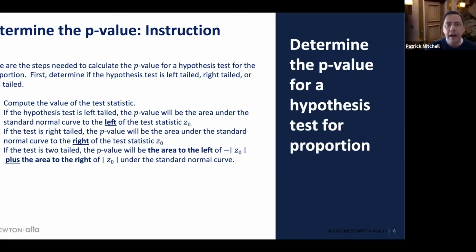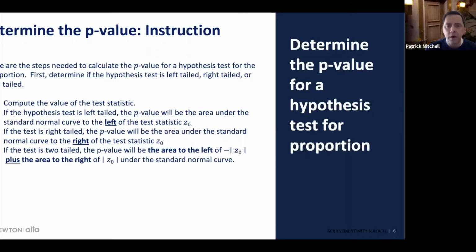If the test is right-tailed, the p-value will be the area under the standard normal curve to the right of the test statistic z sub 0. And if the test is two-tailed, the p-value will be the area to the left of negative absolute value z sub 0 plus the area to the right of absolute value z sub 0 under the standard normal curve.